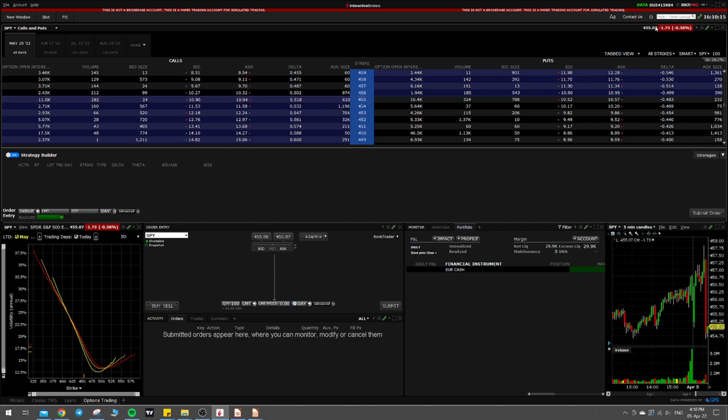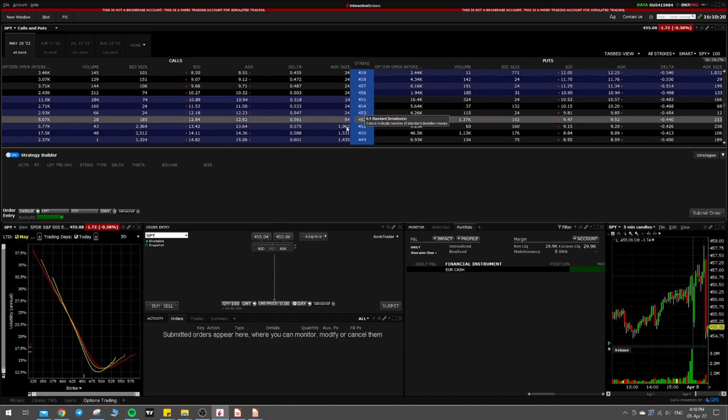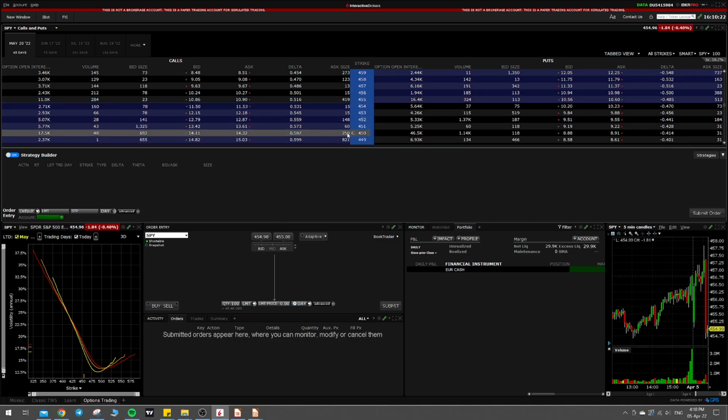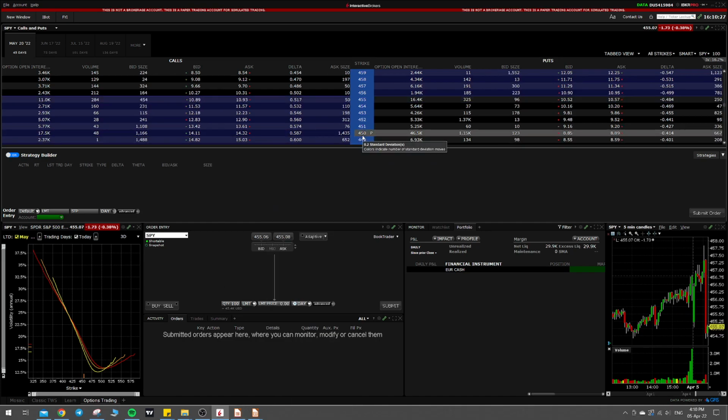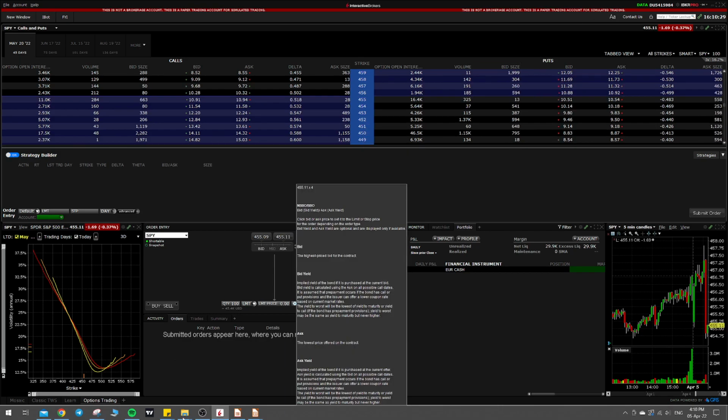So everything below this price, 455, 454, 43, 41, these strike points, can be considered to have a value. Why do they have a value? Because they are not worthless.